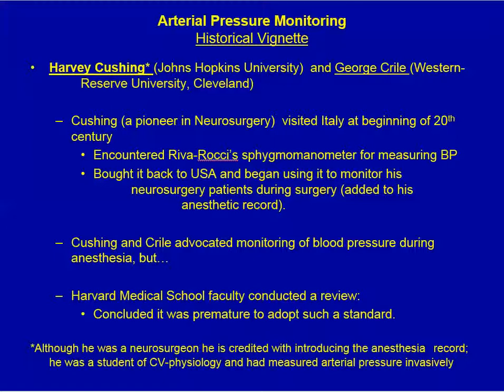He visited Italy after he finished his training and encountered Riva Rocci's sphygmomanometer, which he brought back to the United States. He and his colleague, Dr. Codman, recommended that this become part of standard monitoring in anesthesia. But at that time, the faculty at Harvard felt that it was premature to adopt such a standard.